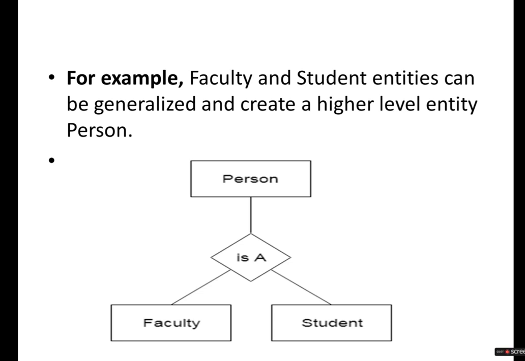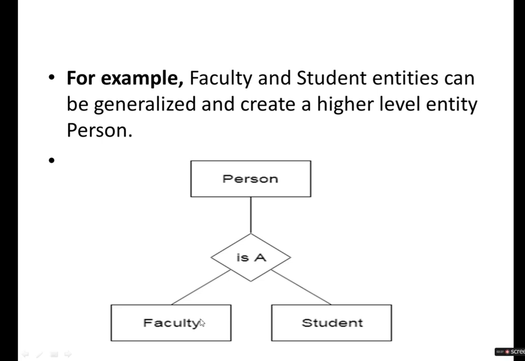Here is one example for generalization. We take faculty and student, these two entities at the lower level, and these two entities can be generalized to create a higher level entity that we call a person. Here, as shown in the diagram, one is the faculty entity, the second is the student entity.